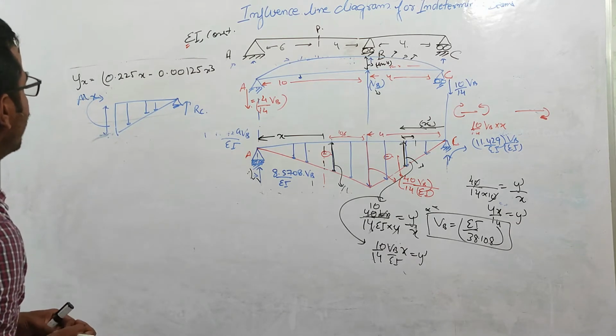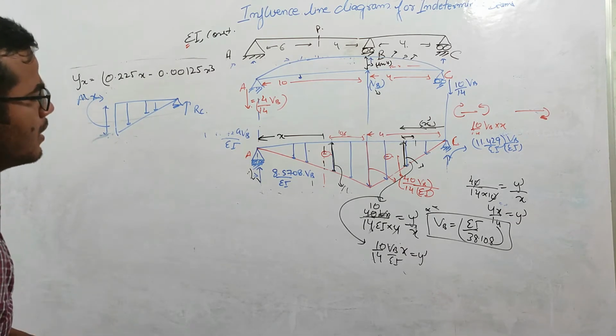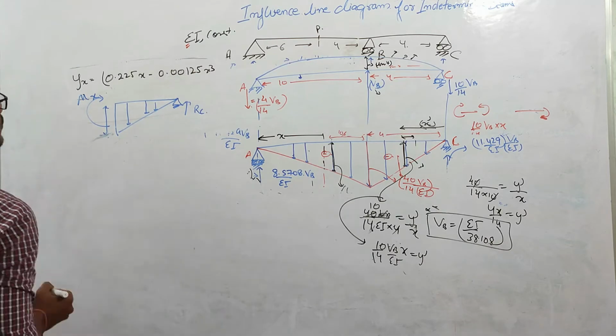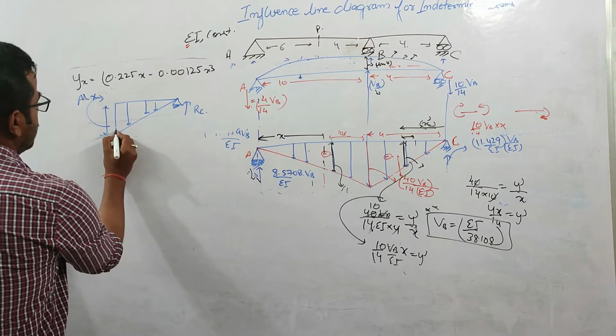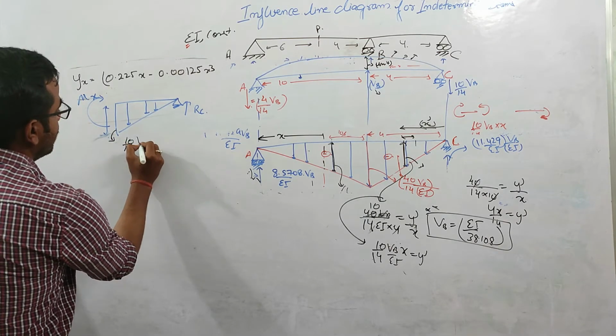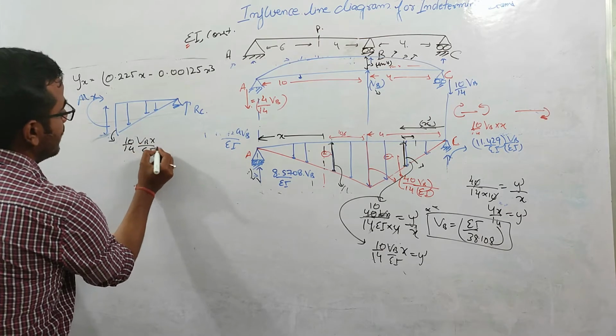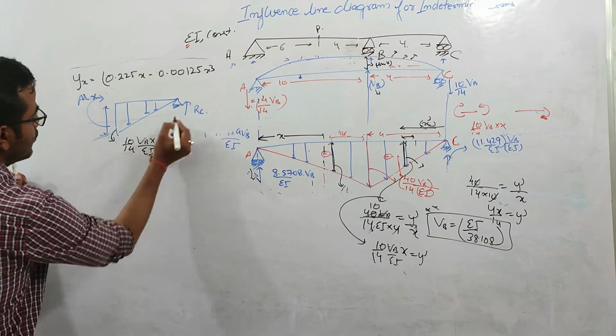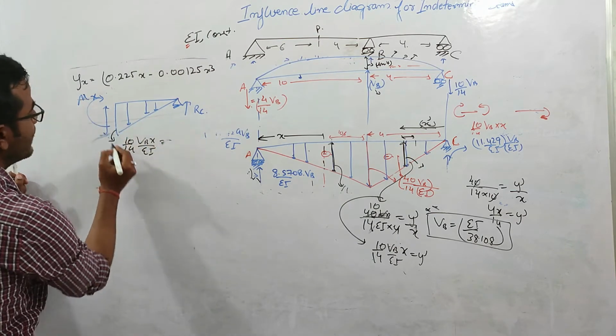So if I want to calculate what the Mx value will be, this ordinate is basically 10 by 14 VB x over EI.